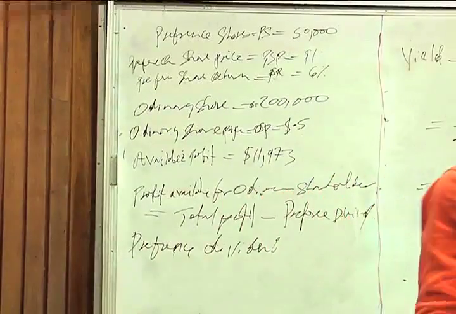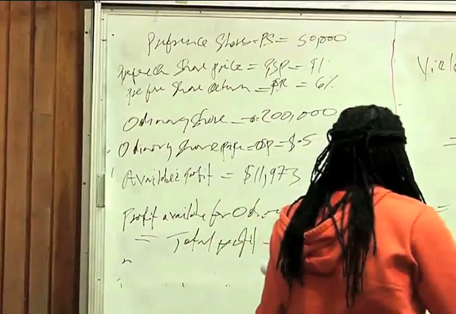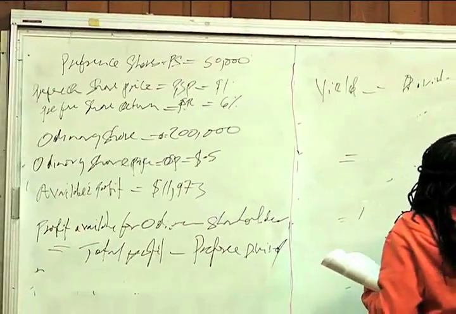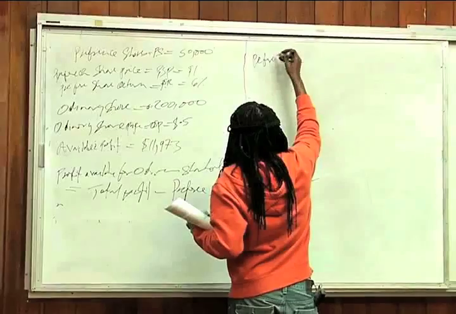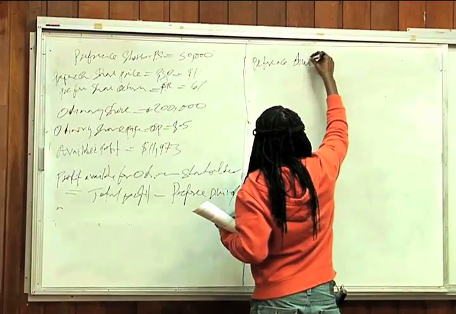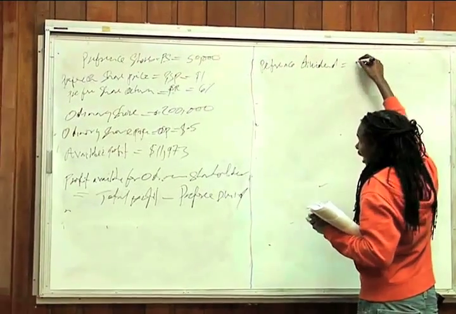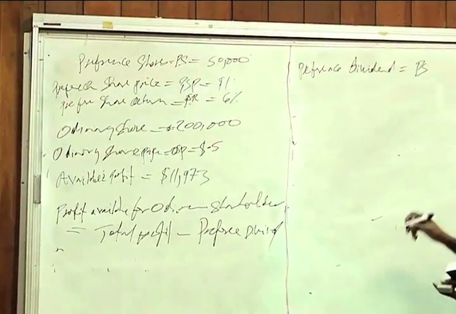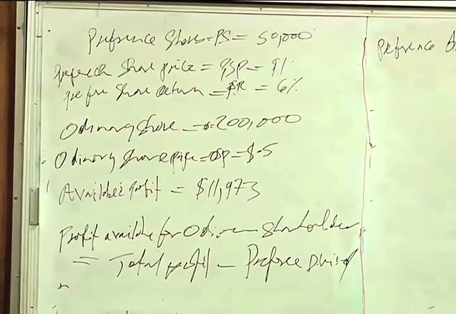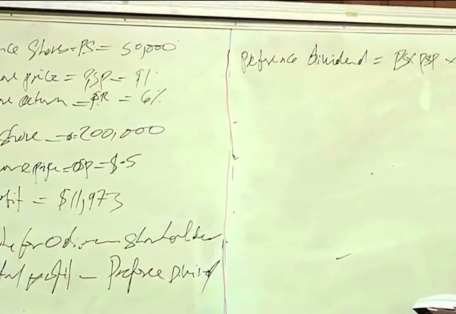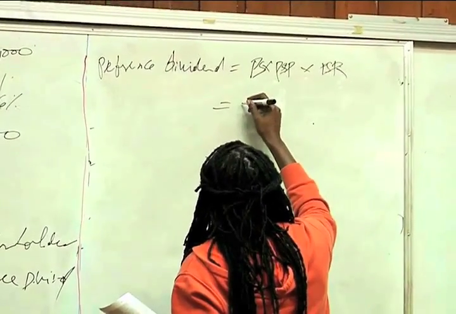So we come over here now. Watch out. Preference dividend equals PS, preference shares, times PSP, $1, preference price, times PSR, preference rate of return, equal to 6%.